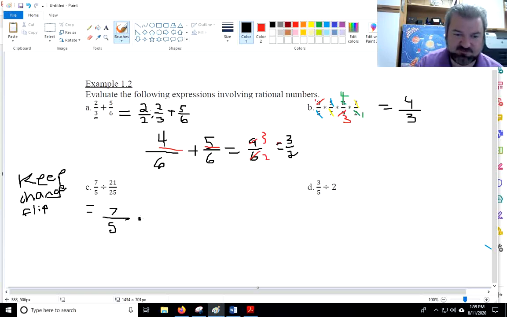Change to times. Flip the second number. All right, and we're going to do it smart. We're going to reduce first. 5 goes into 5 once, and 25 5 times. 7 goes into 7 once, and 21 3 times. Making our answer 5/3.